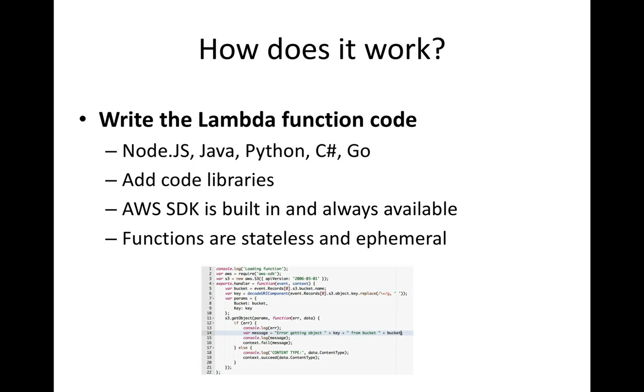Lambda functions only live for a very short period of time. Think of it like every time you invoke the Lambda function, you're potentially working with a brand new environment. So Lambda functions are both stateless and ephemeral.